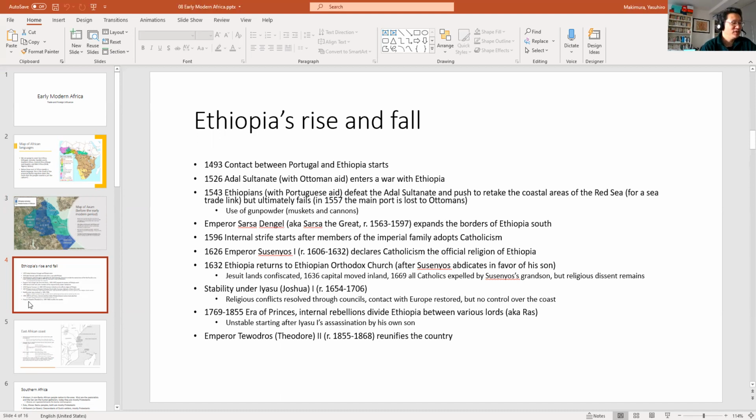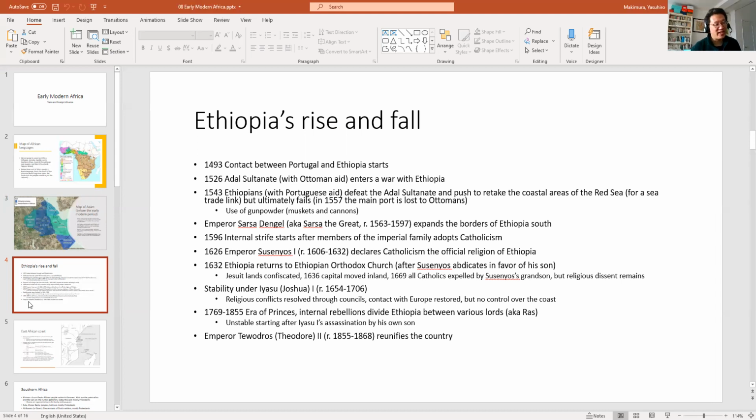Now, fortunately for Ethiopia, Joshua reigns for a very long time. So the stability lasts for a good time. But unfortunately for Ethiopia, Iyasu the First is assassinated by his own son, and that's the sign that things are going to look bad.